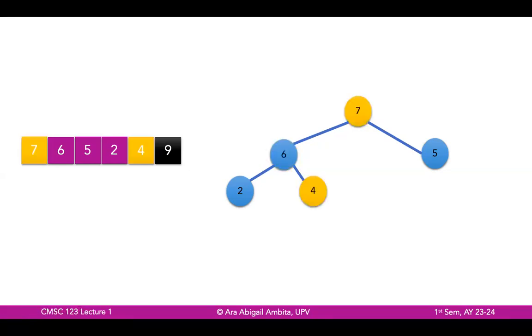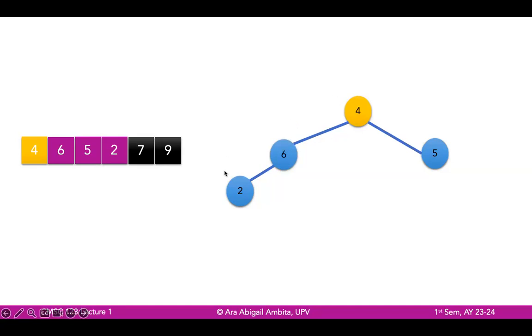So we can now remove the 7 again. How do we perform removing here? We must swap it with the last element. The last element is 4. So we swap, and the 7 has now been removed, and we are left with 4. Okay, now we must bubble this down again.